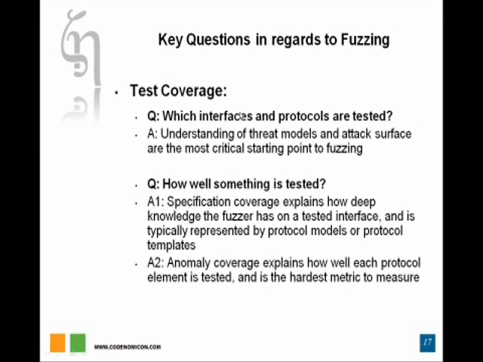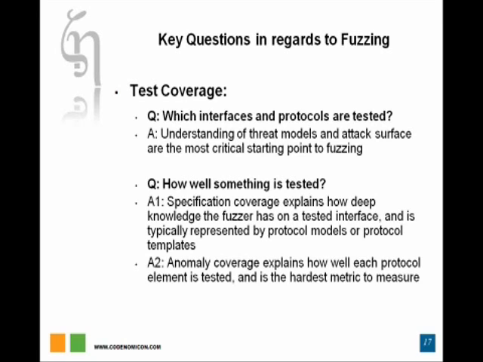So the protocol coverage: what areas you test, how those protocols are modeled, and where those models are built from. And then how well something is tested, which means how those anomalies are integrated into the test generation process, how everything is documented, and how you can measure what was tested and how well everything was tested.